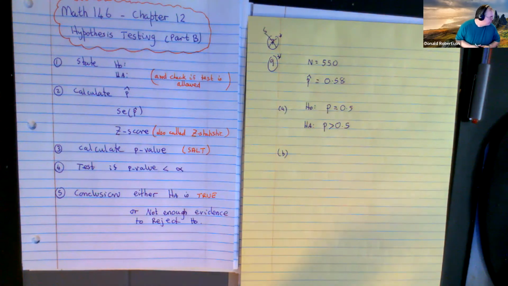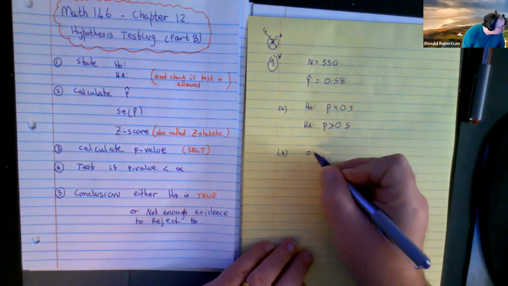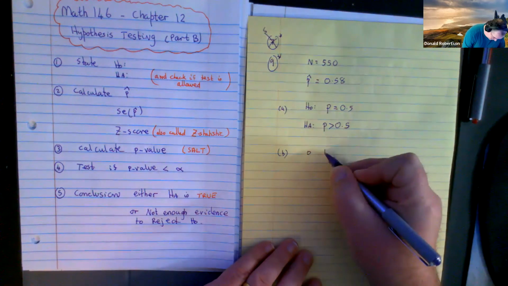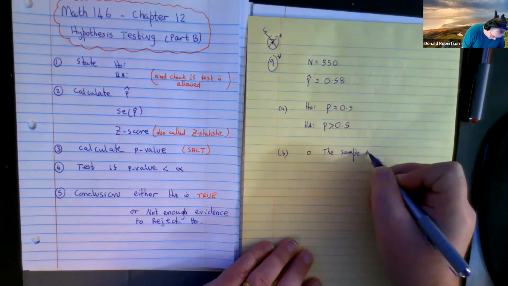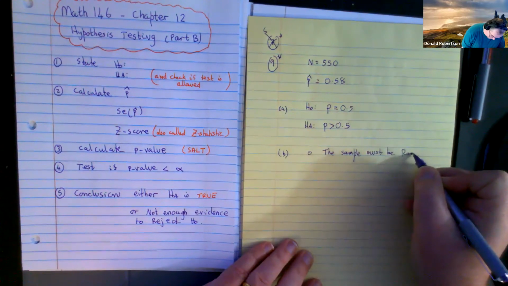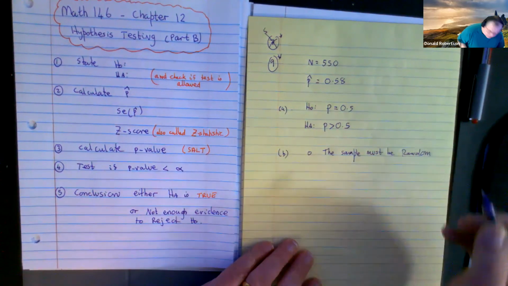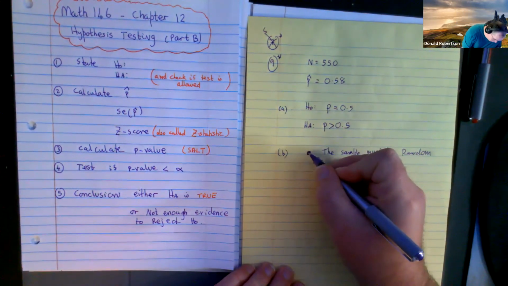There are 6 requirements, but one of them says the sample must be random. So it probably wouldn't be a good idea to ask male priests that question, right? Because that's not a random population. You want all Catholics. So that would be one that you check.